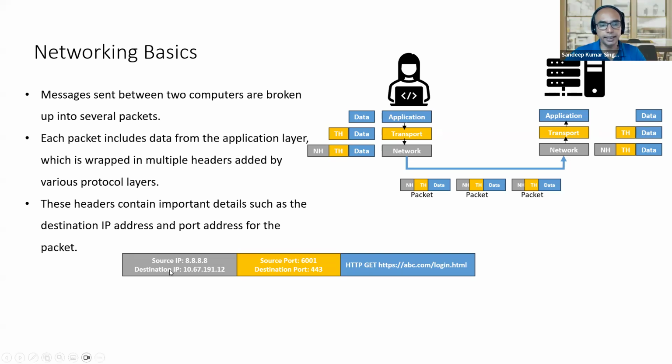Typically, the packet contains information like source IP, destination IP, from where it is originating, what is the port on the source side, what is the destination port, and what kind of request it is, right? It is an HTTP GET request, as you can see. So this is a basic web application communication exchange that is depicted here in this slide.